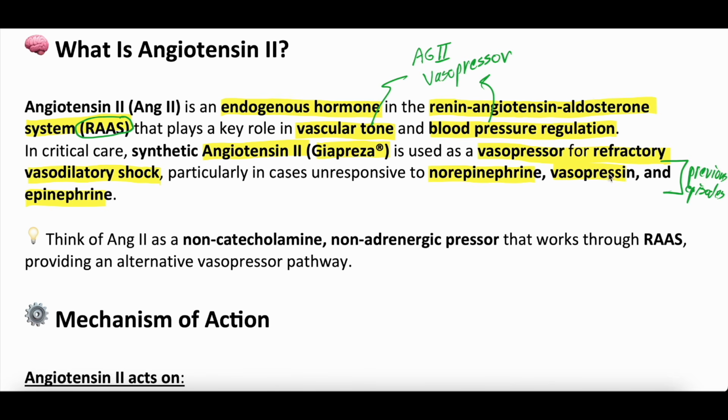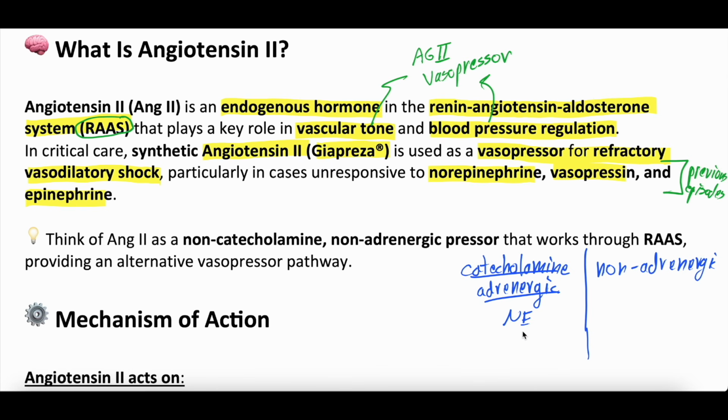So when we think of angiotensin II, it is a non-catecholamine vasopressor. And as we've talked about in previous episodes, when we think about vasopressors in general, we often divide them into catecholamine, which is synonymous with adrenergic or catecholaminergic, and non-adrenergic. The catecholaminergic or adrenergic vasopressors, as one might guess, have a catecholamine-driven mechanism.